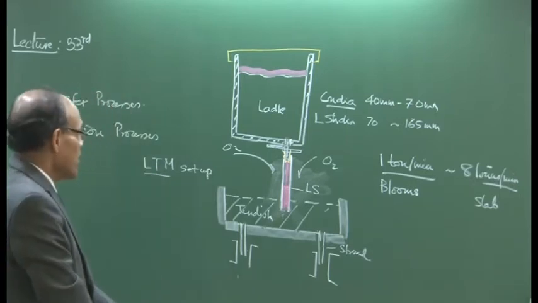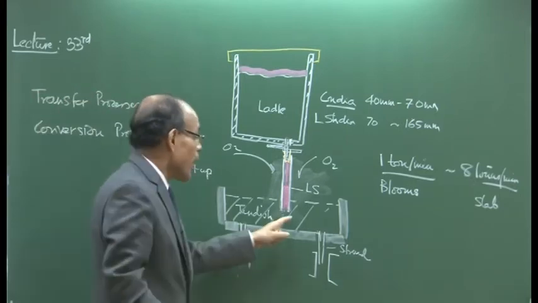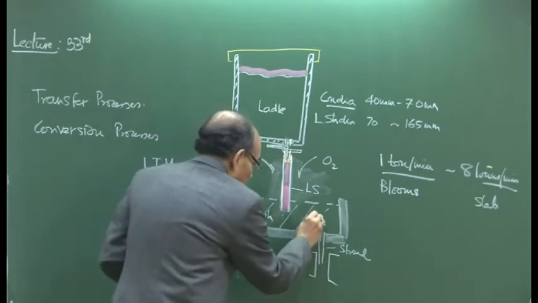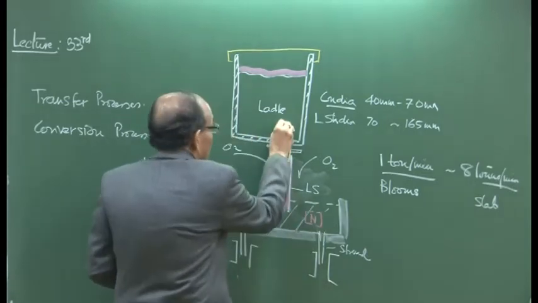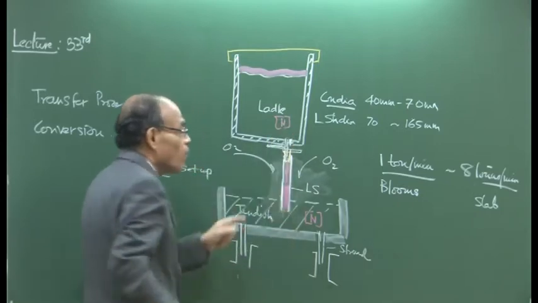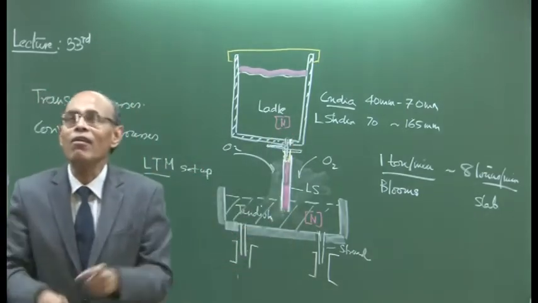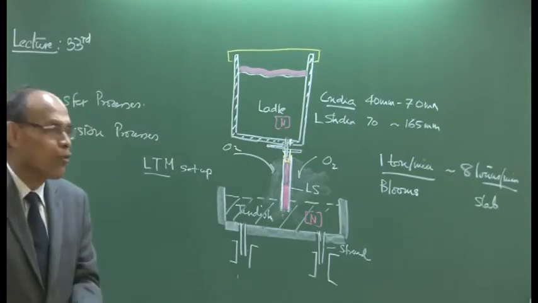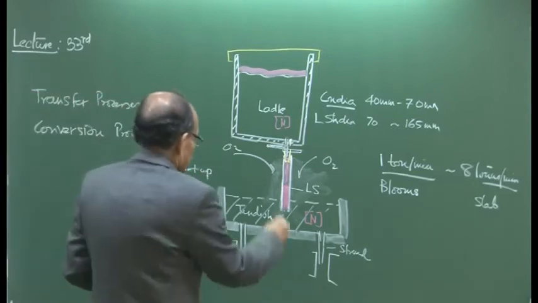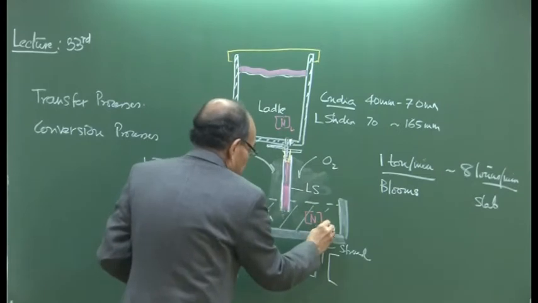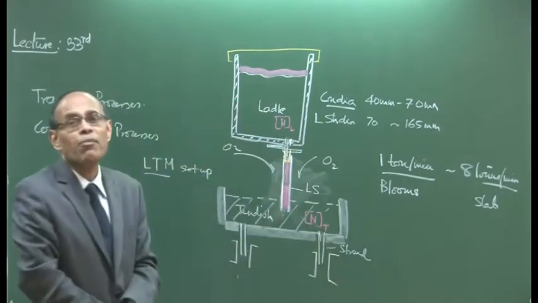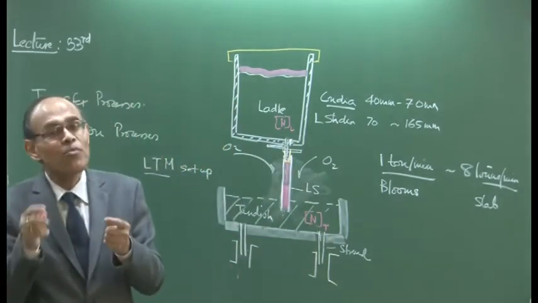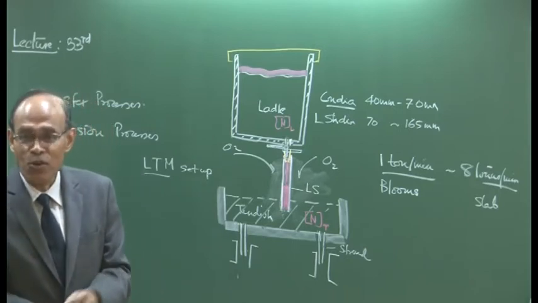So, the amount of nitrogen in the tundish vis-a-vis the amount of nitrogen in the ladle possibly will let you imagine what kind of scenario there is. If the difference between nitrogen in the ladle and nitrogen in the tundish is about 2 ppm or so, you can assume there is a bubbles-like scenario within the shroud.